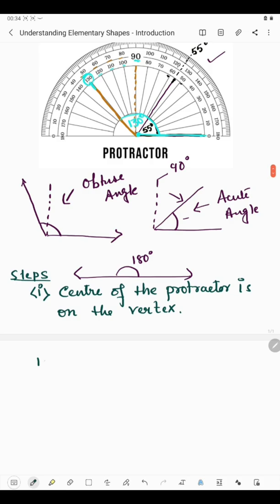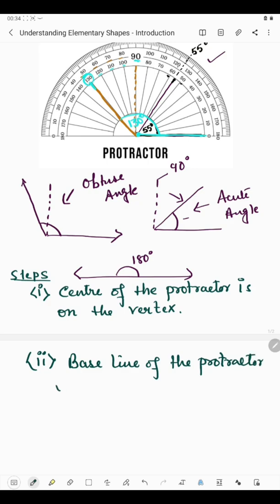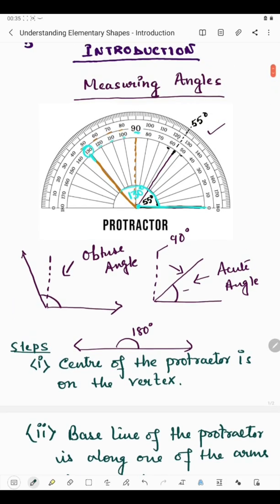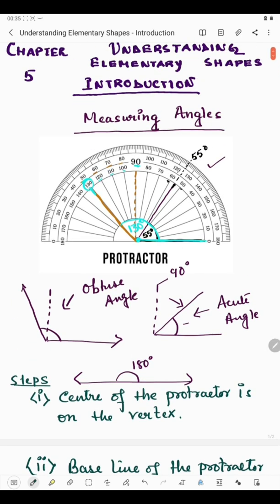Step number 2, the baseline of the protector is along one of the arms of the angle. So this was all about measuring angles using a protector.